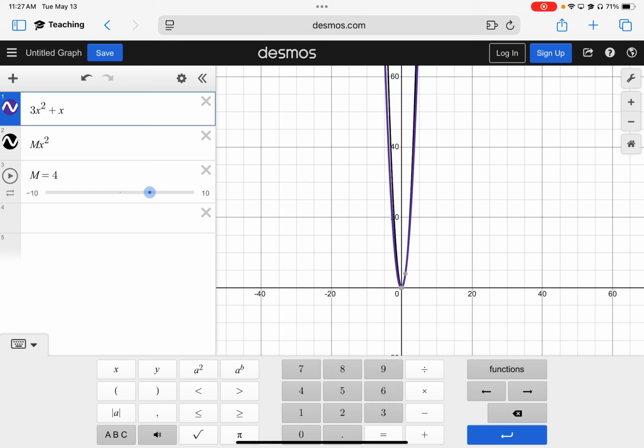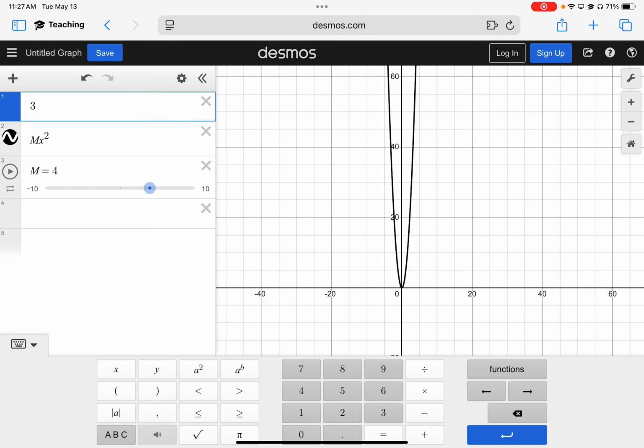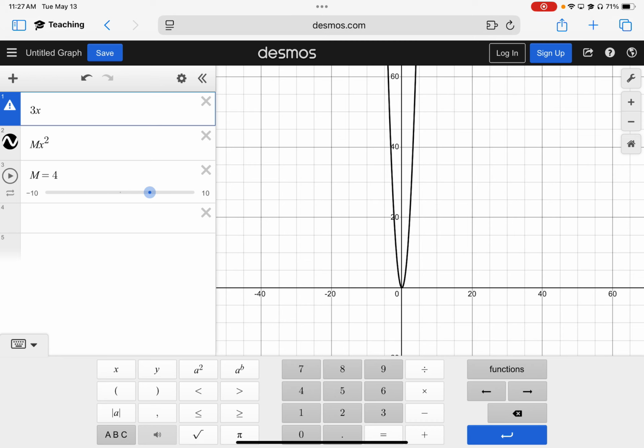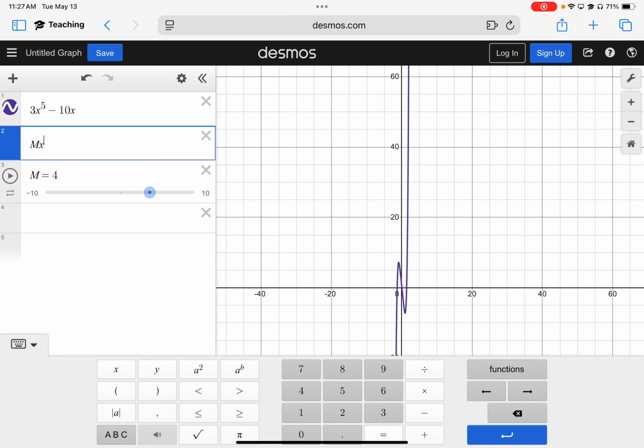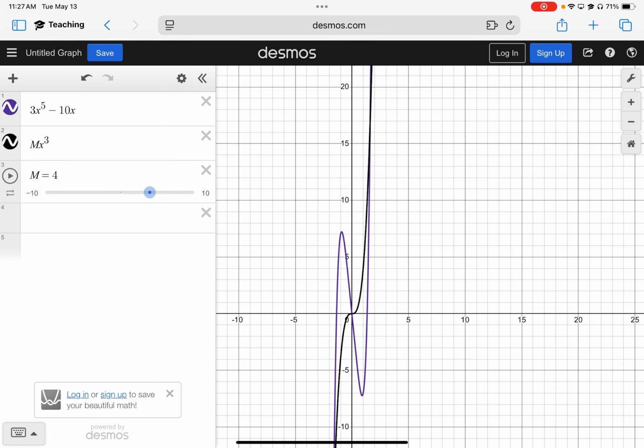So let's graph this. Cool looking functions.